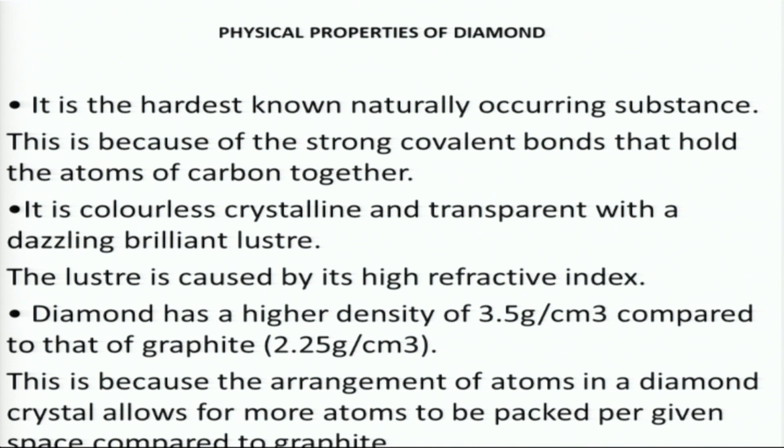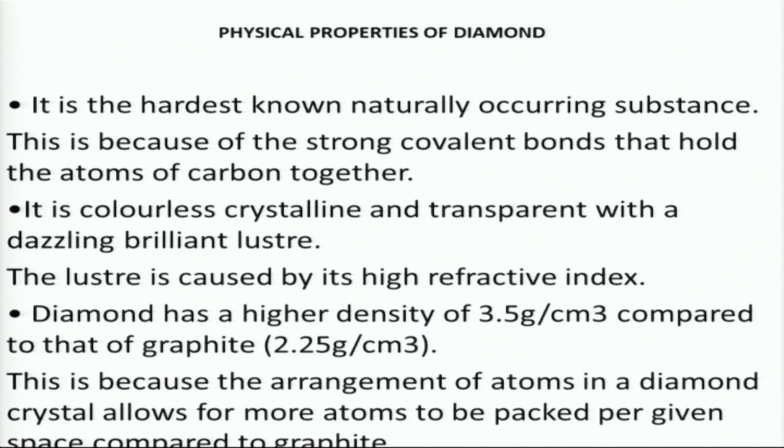All right? Another thing, a diamond, when you happen to cut it, is colorless and transparent with a dazzling brilliant luster. All right? So it is colorless. This one is brought by the high refractive index it has.